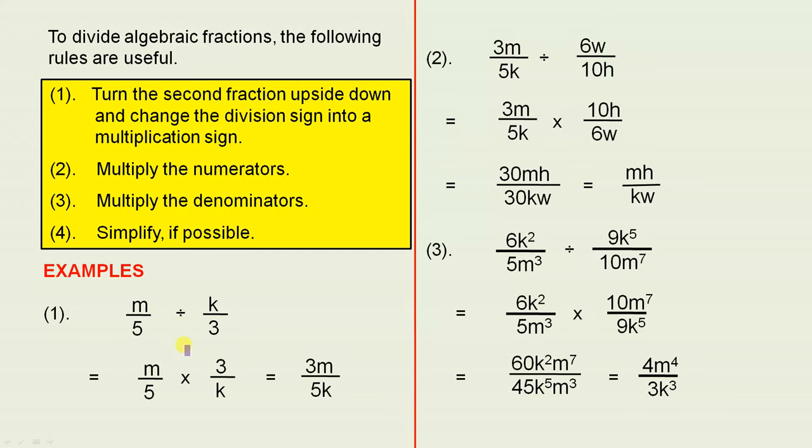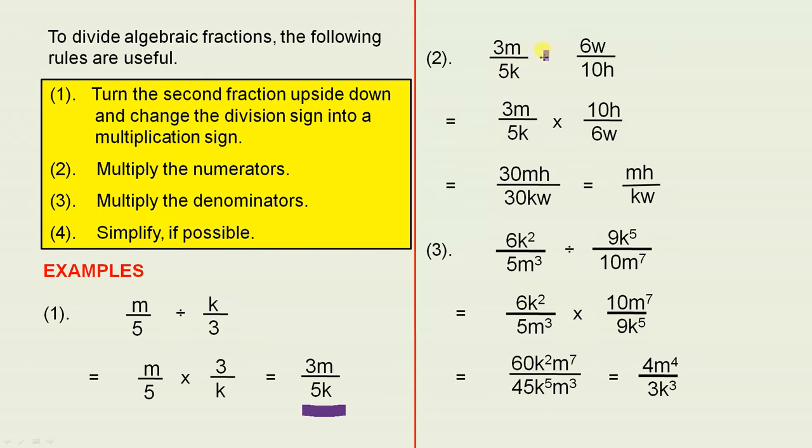The division sign is changed to multiplication. And now we just go through the normal process that we saw in the previous video where we multiply algebraic terms together. M times 3 is 3m. 5 times k is 5k. So that's the answer.